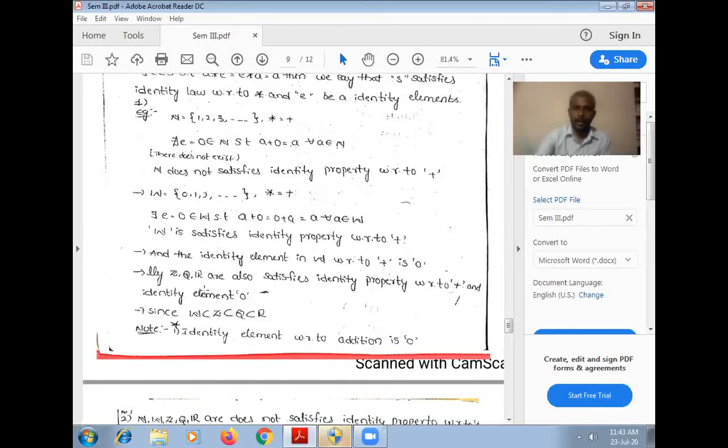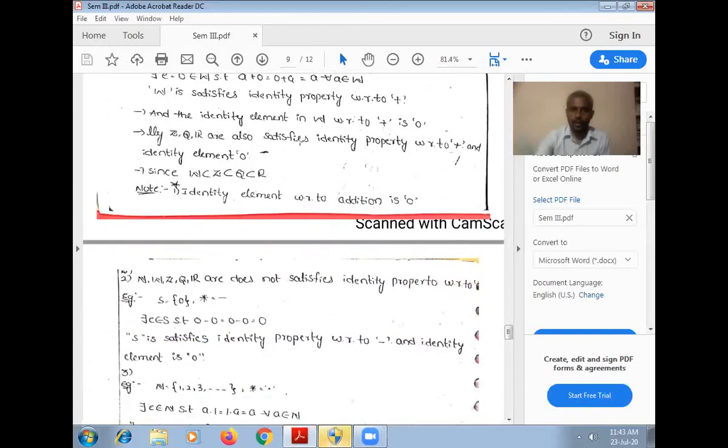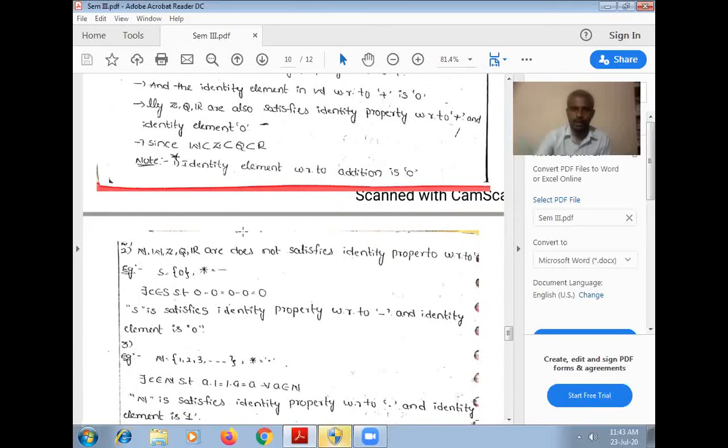After the binary operation plus, now I am taking the binary operation minus. So N, W, Z, Q, R do not satisfy the identity property with respect to minus, because there is no identity element in N, W, Z. Now I am taking S equal to {0} and star equal to minus.